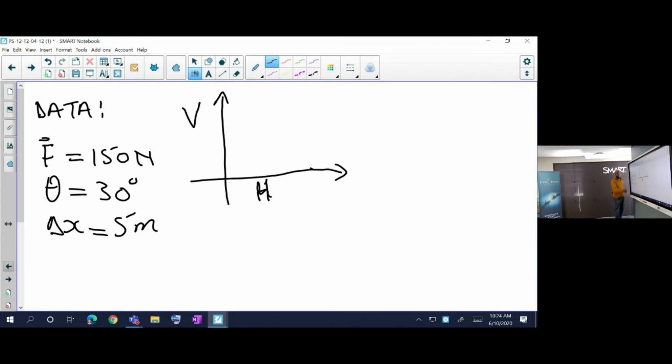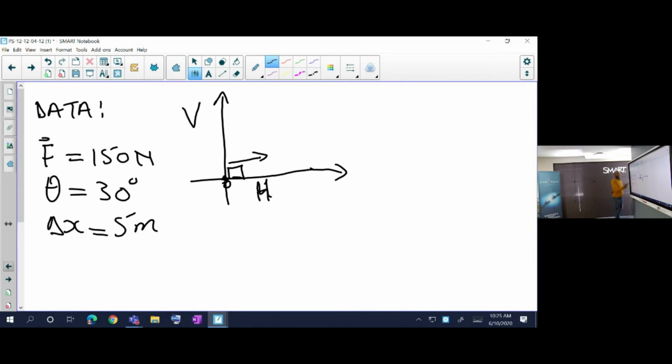This is the origin, the beginning of everything. This is the object. Where is it going? It's going in that direction. Is that clear? It's horizontal.